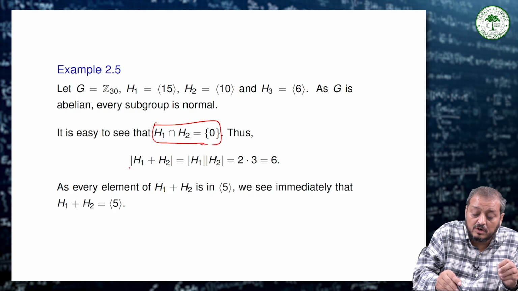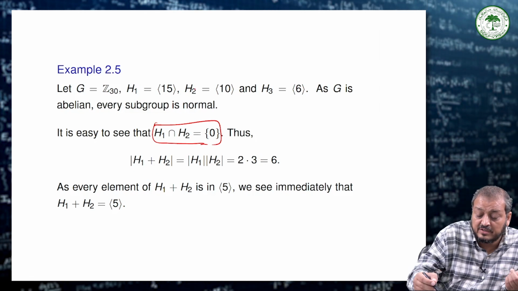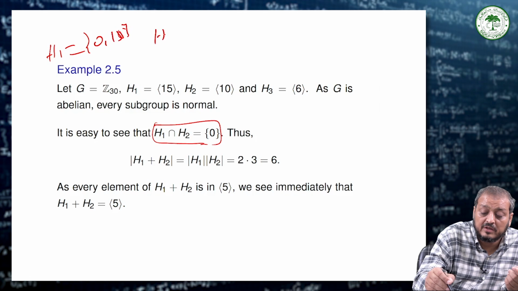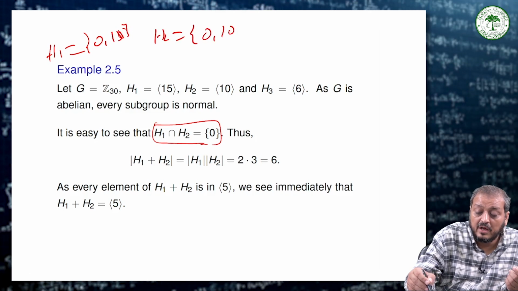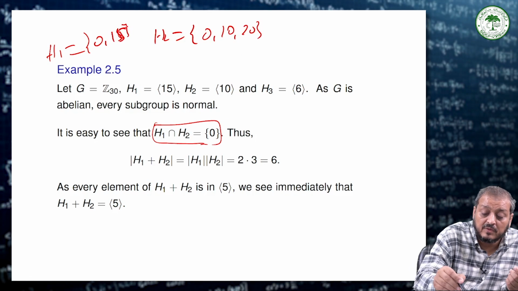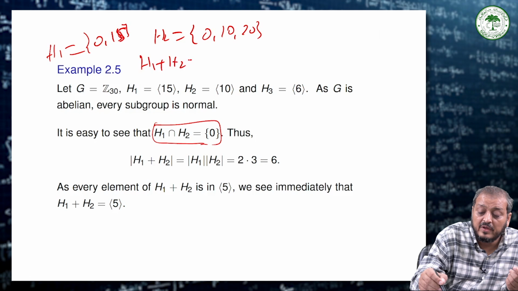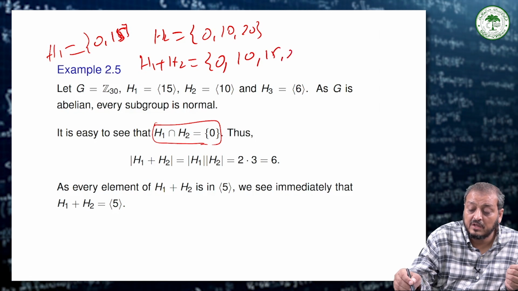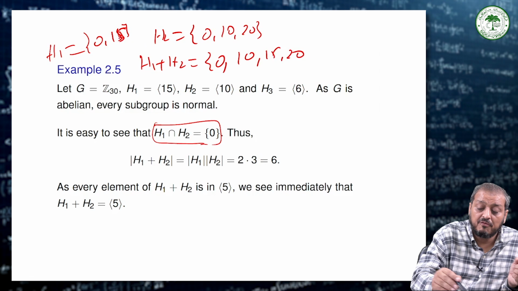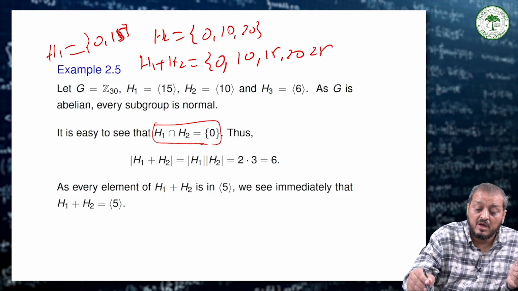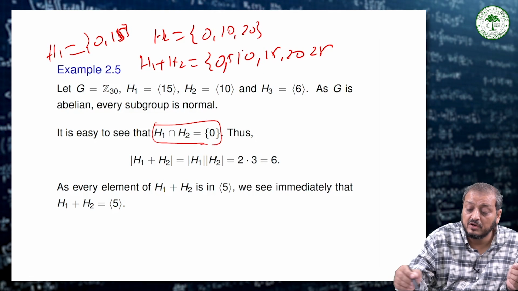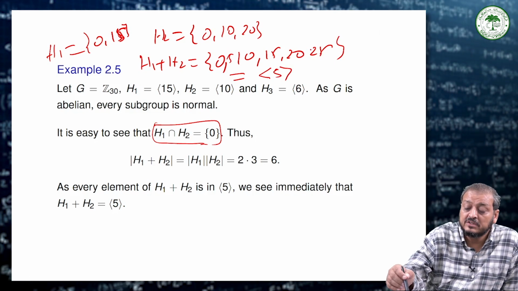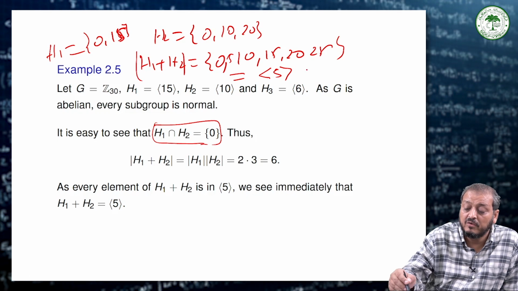Now we find the order of H1 plus H2. H1 is 0 and 15, and H2 is 0, 10 and 20. If we take the sum H1 plus H2, the elements are 0, 10, 15, 20, 25 and 5, since 10 plus 15 is 25 and 20 plus 15 is 35, which is 5. Clearly this group is nothing but the subgroup generated by 5, and the order of H1 plus H2 is 6.